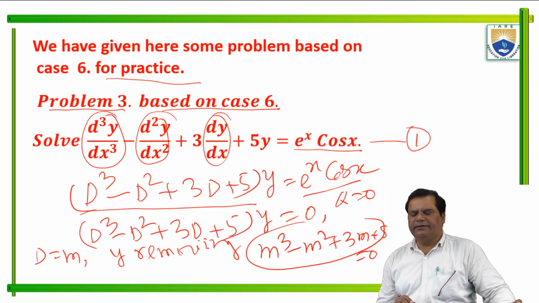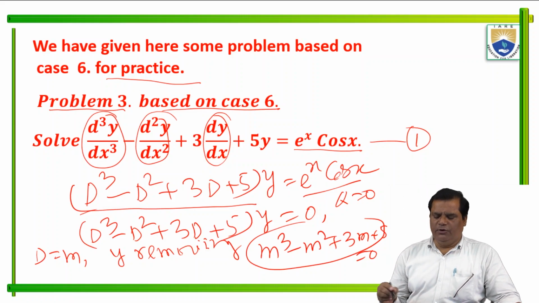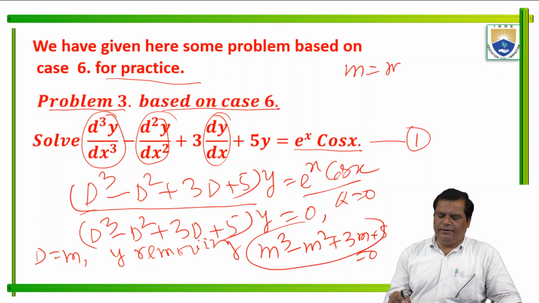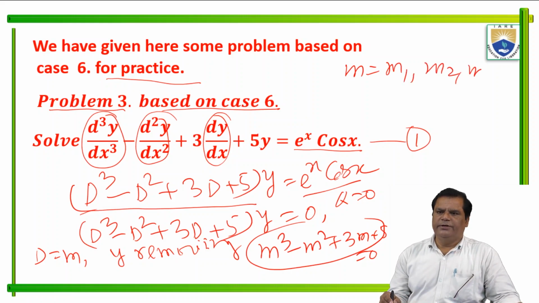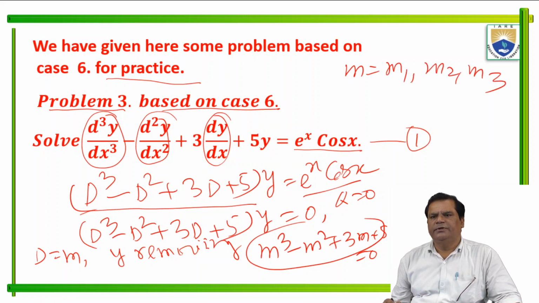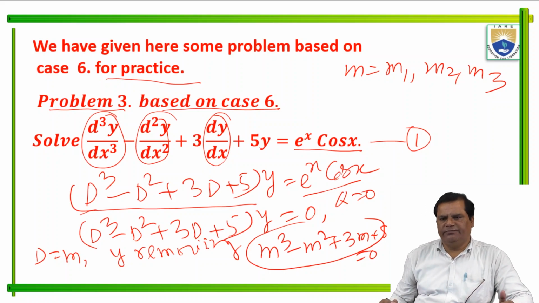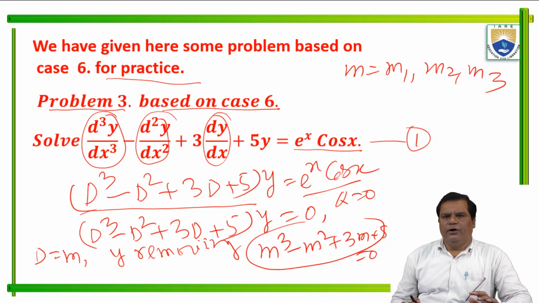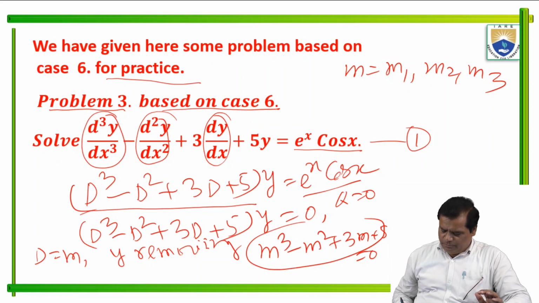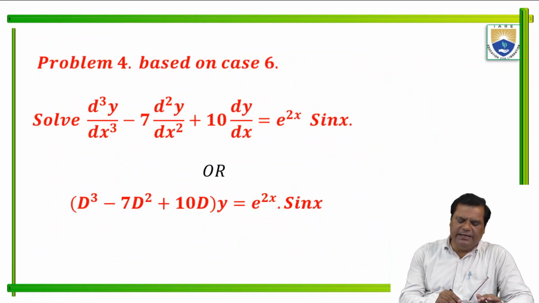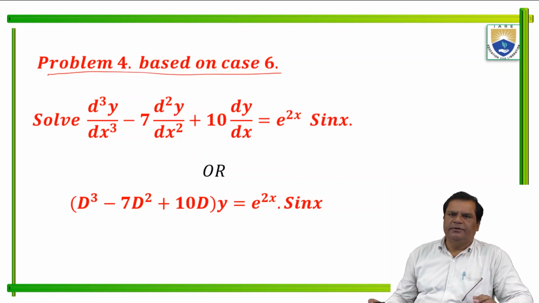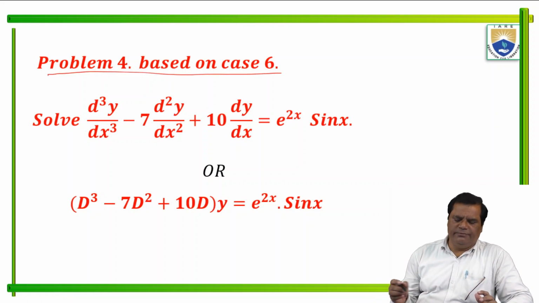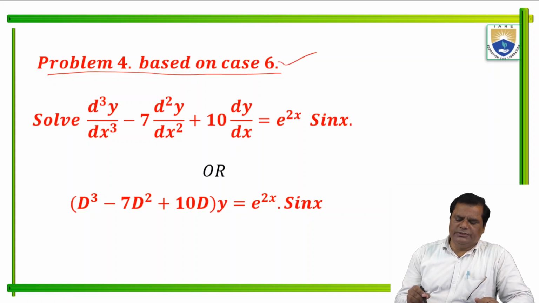After factorizing this, we get 3 values, m1, m2, m3. 3 roots are there. Then we write the formula for CF. Then you can solve this easily. On case 6, do this problem yourself, and similarly I am writing one more problem for practice.